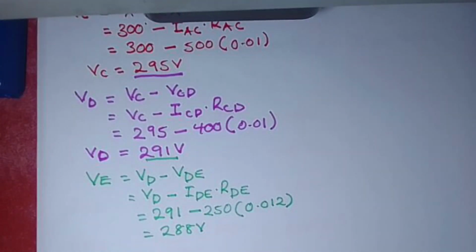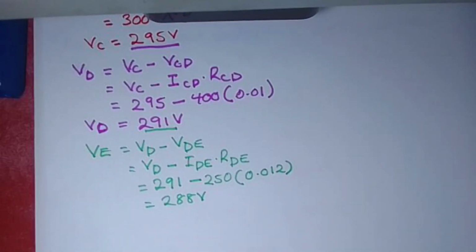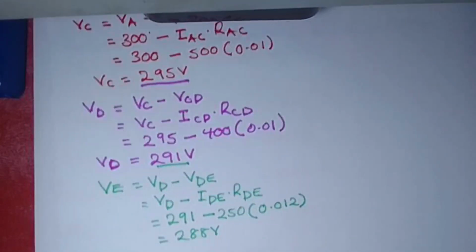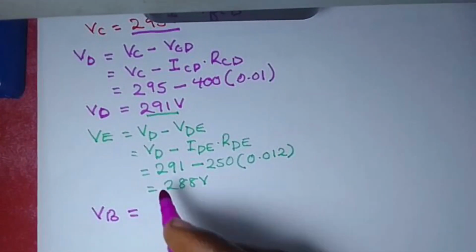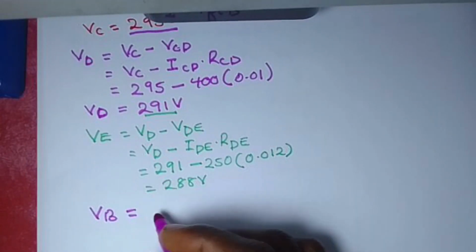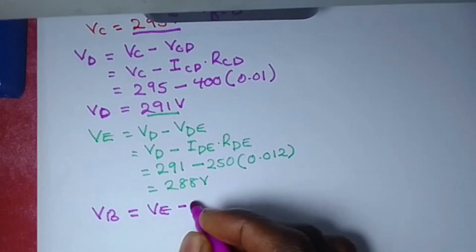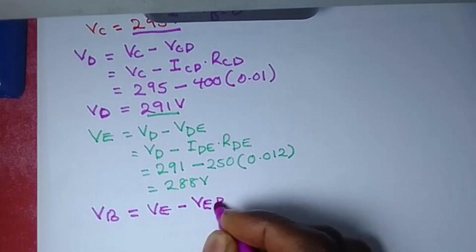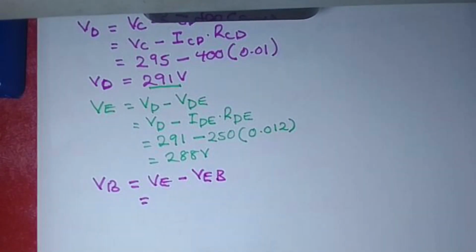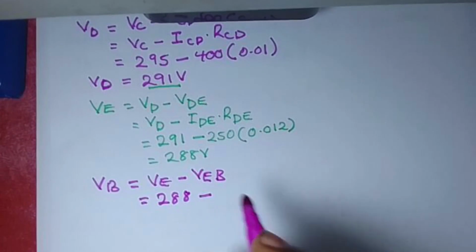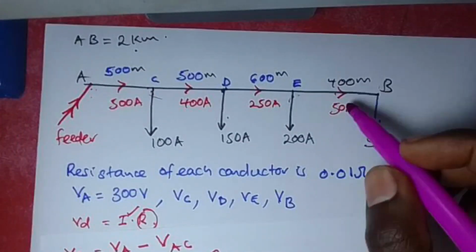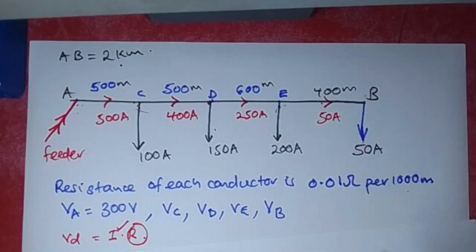So similarly, you can calculate for the voltage at the last point, which is the voltage at point B. So voltage at point B, VB, is going to be equal to the previous voltage, which is VE, minus the voltage drop along EB. So that is going to give us our VE, which is what we calculated earlier on, 288, minus the current flowing through this section, which is 50 amps.